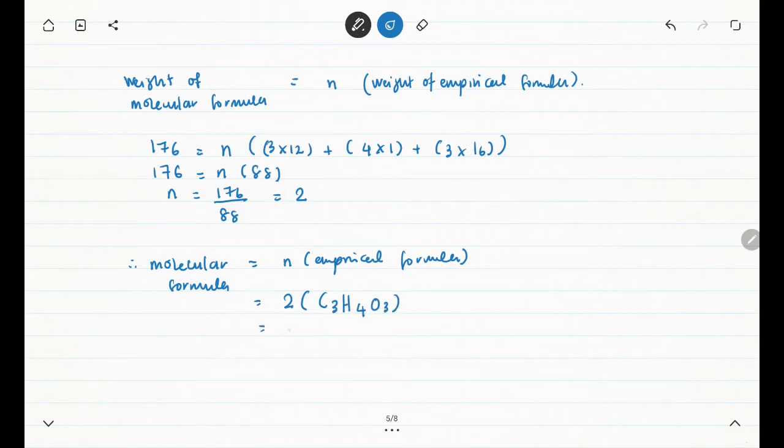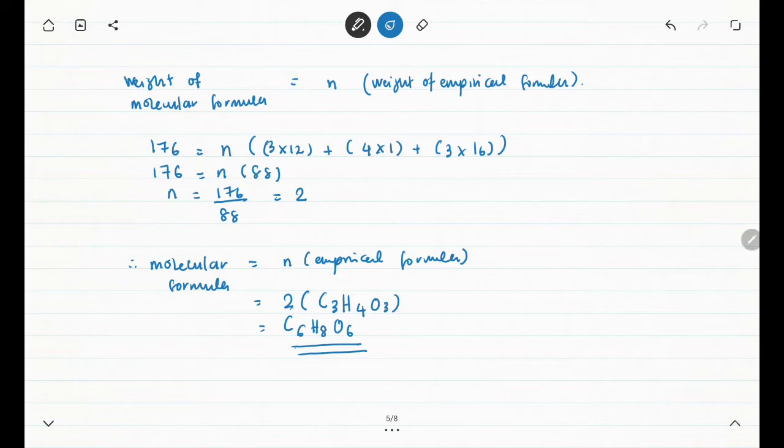So our molecular formula is 2 times 3, C6, 2 times 4, H8, 2 times 3, O6. So our molecular formula is C6H8O6. So that is how we calculate the empirical and molecular formula from percentage data.